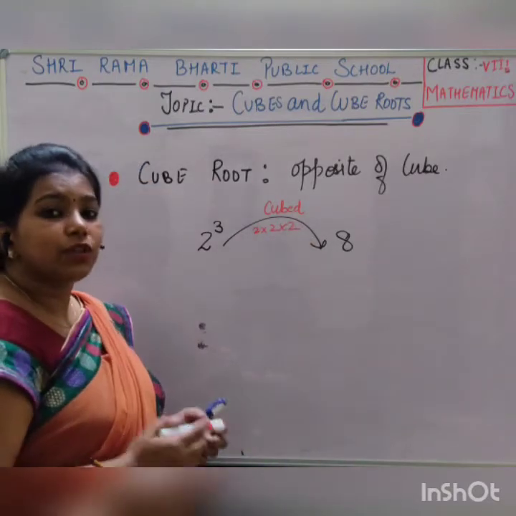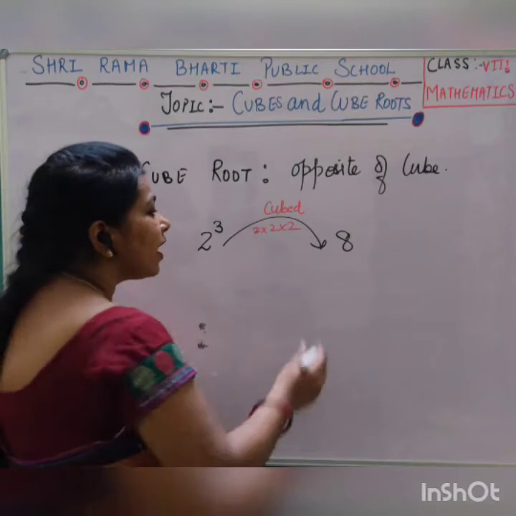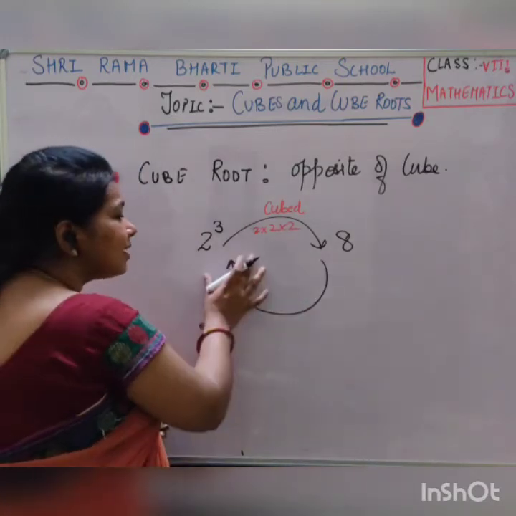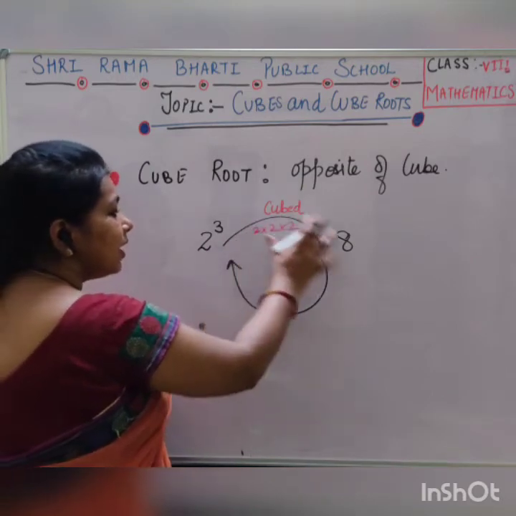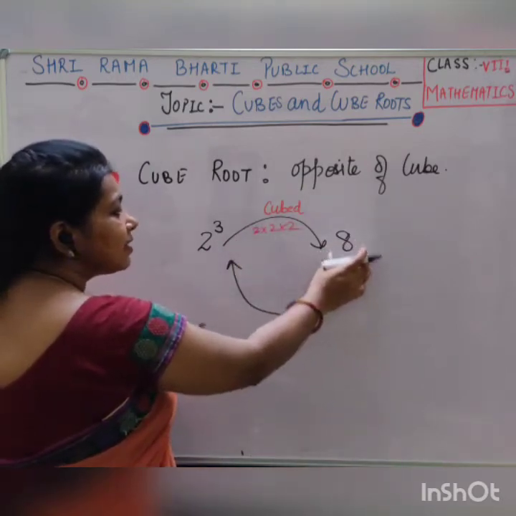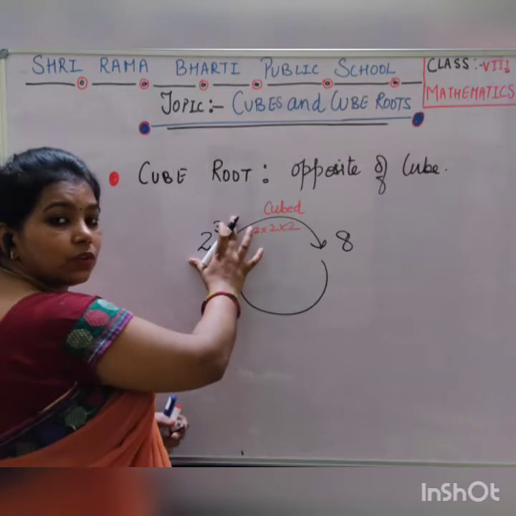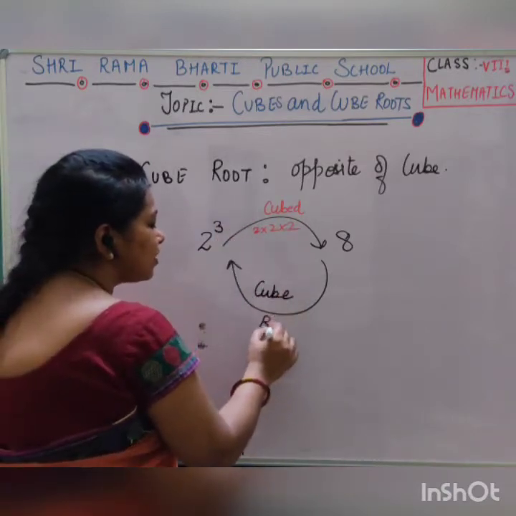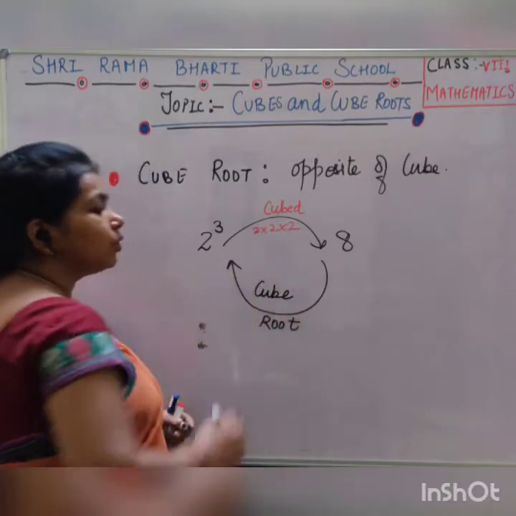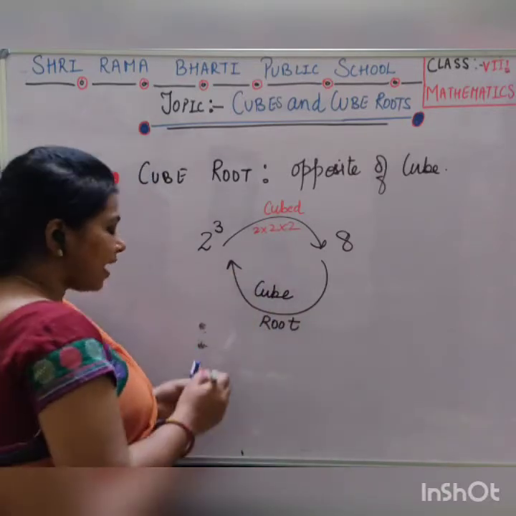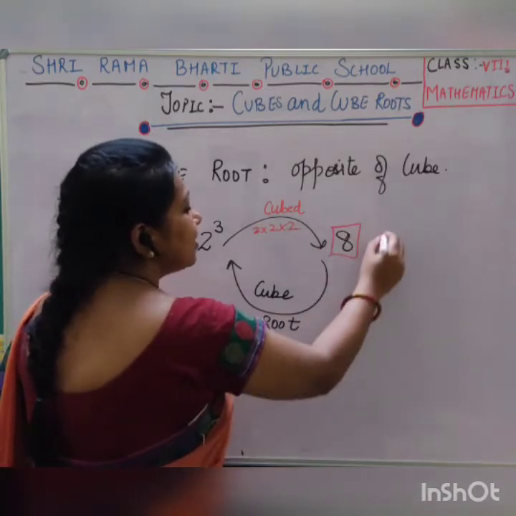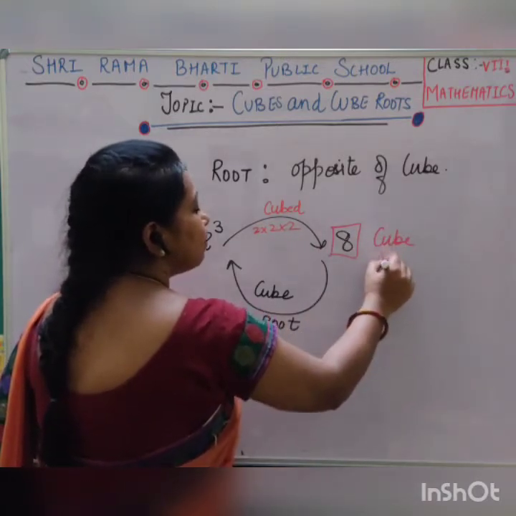So if I want to know from where this 8 has come, it means the 8 is the reverse concept of 2 cubed. So we can say that the reverse concept is cube root, or we can say that here this 8 is a cube number.